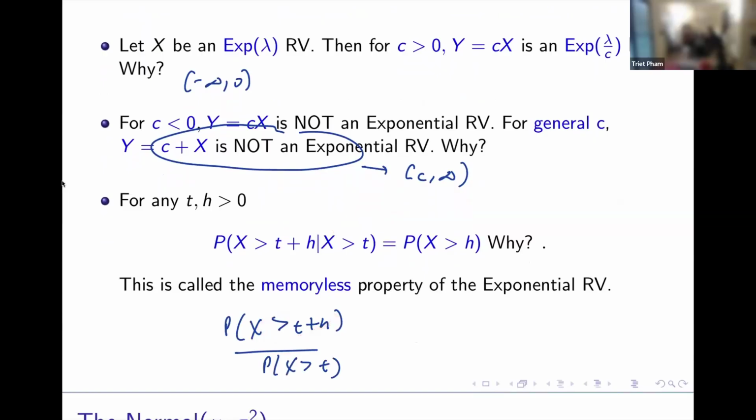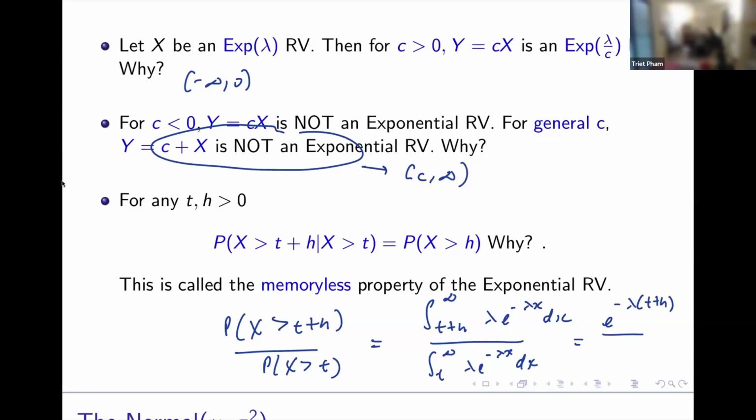And then you just integrate from t+h to infinity of λe^(-λx) dx over the integral from t to infinity of λe^(-λx) dx. And the integral here will become e^(-λ(t+h)) over e^(-λt). Of course, canceling the exponential gives you e^(-λh). All right. Any question about the calculation?